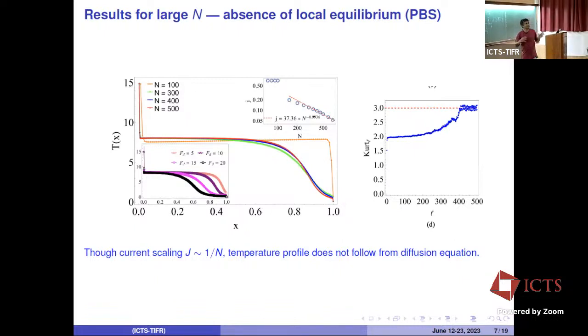I think these are known as Chimera states. Here it's periodic, while here it's chaotic. So these are the observations in this paper. Even though you get a current scaling like J goes as 1 by N, the temperature profile you find here doesn't really follow from Fourier's law.